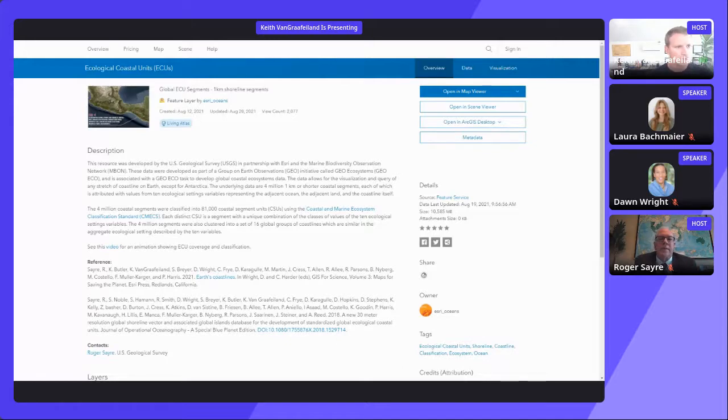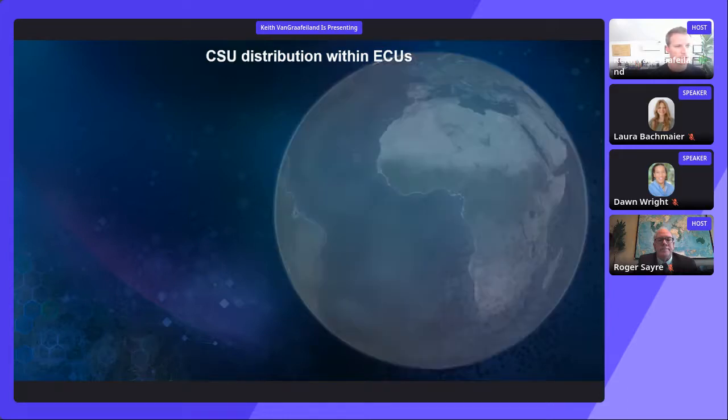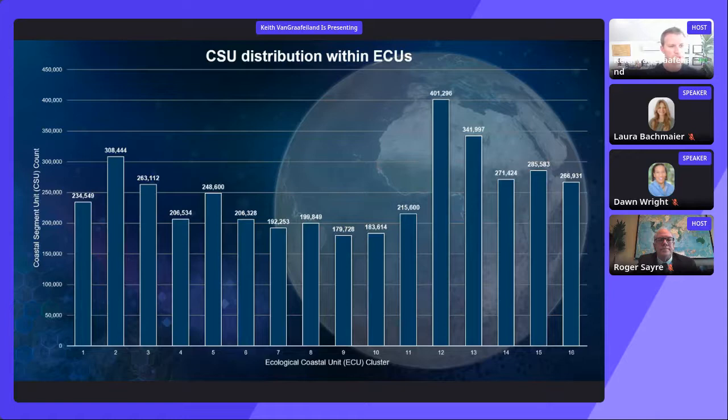Today, I want to do some of that further exploration with you and demonstrate a few opportunities to understand and summarize the ECU data as a whole. The idea here is to encourage the exploratory side of ecological coastal units. In this example, we can better understand the distribution of CSUs within ECU clusters.